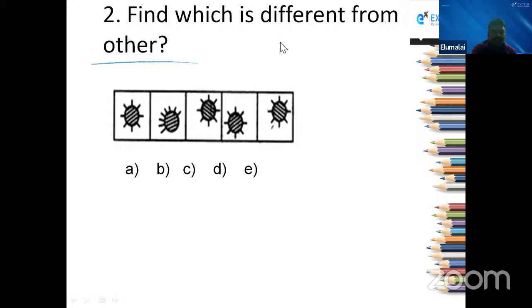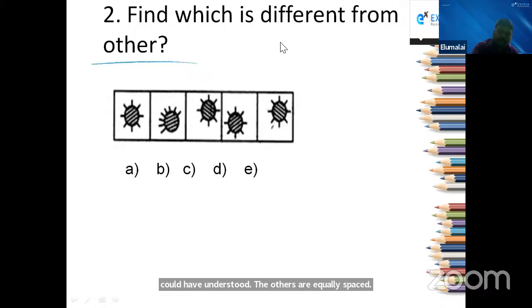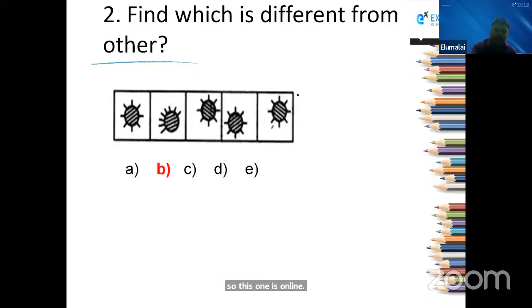Everyone is answering correctly. Great. So it is very clear, right? By seeing itself, you could have understood, right? The others are equally spaced. Yeah, but option B is not equally spaced, isn't it? Yes. So this one is odd man, isn't it? Good.